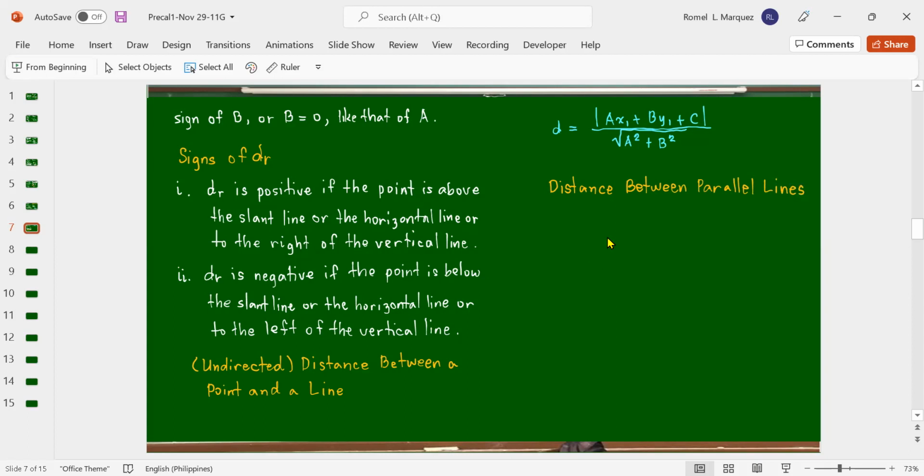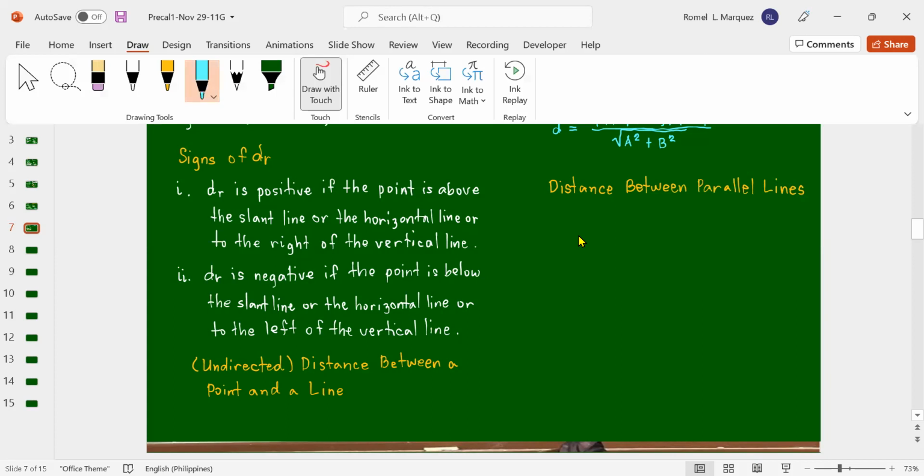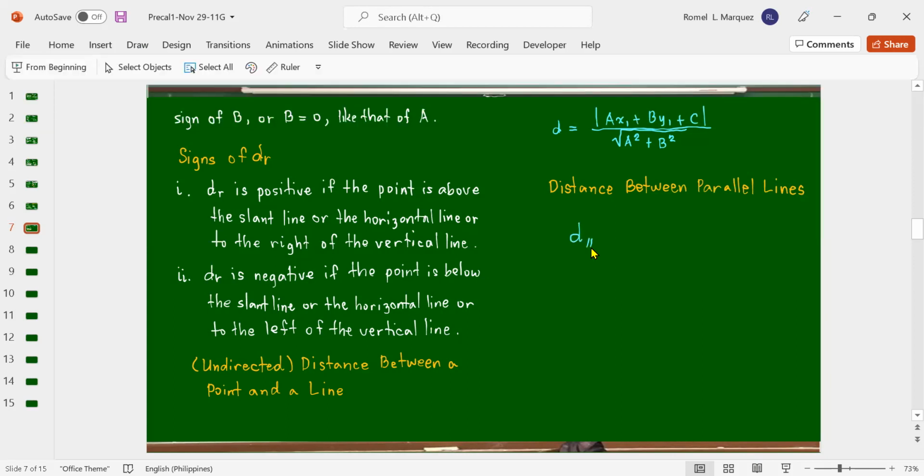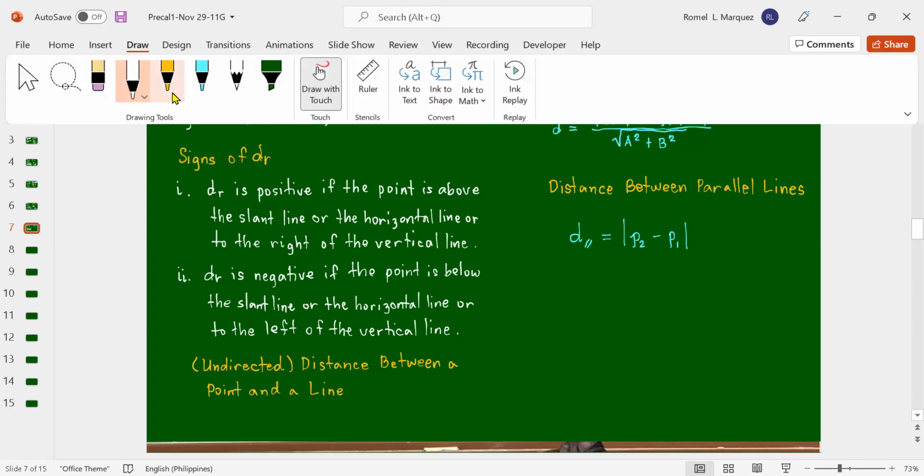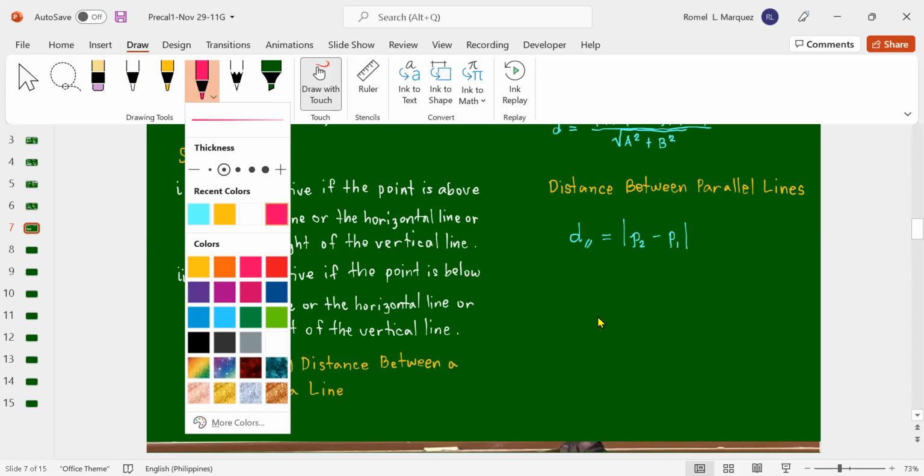So the distance between parallel lines is given by this. You just get the difference between the P of the second line and the first line, or the first line and the second line. Get the absolute value. Okay? So that's it. That's the distance between two lines that are parallel. Clear, children?